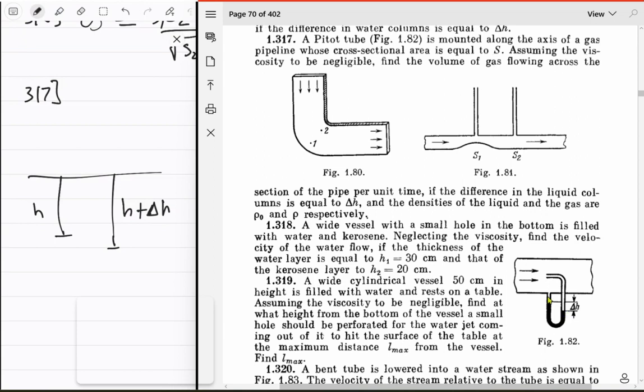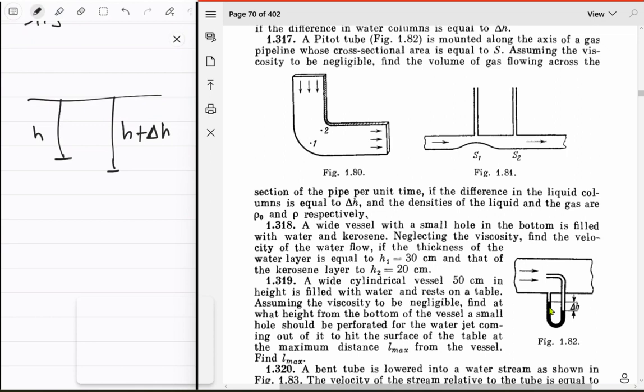Can't I just use this and that? Okay, of course I can. That's going to give us the change in pressure as a function of delta H. Sure. Okay, we'll see what happens. Just put in some values and see what we get.